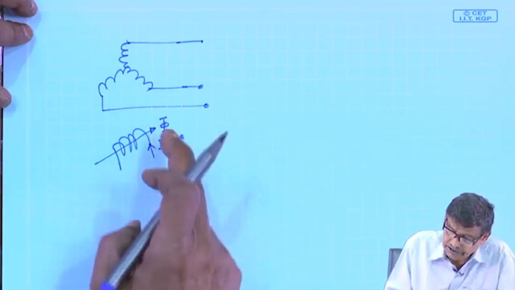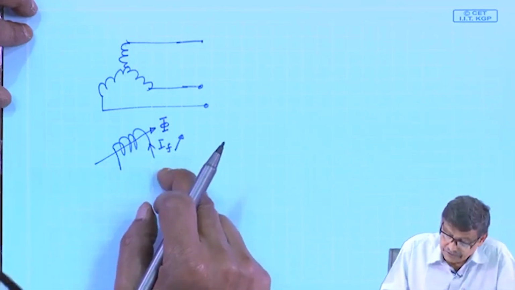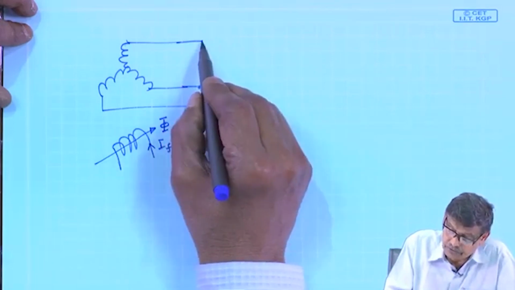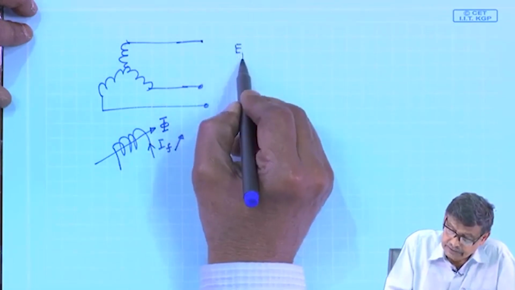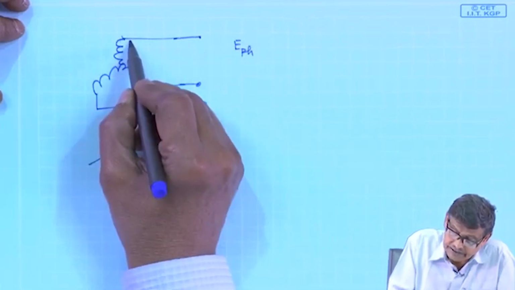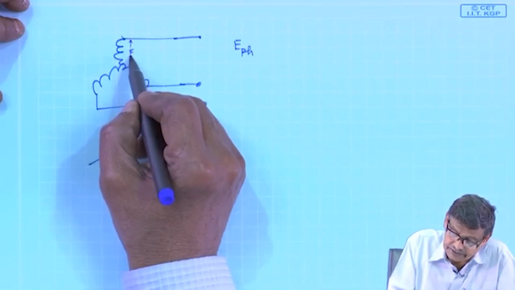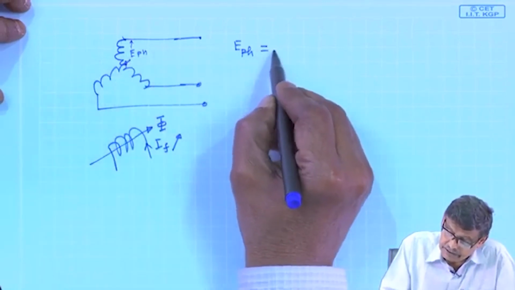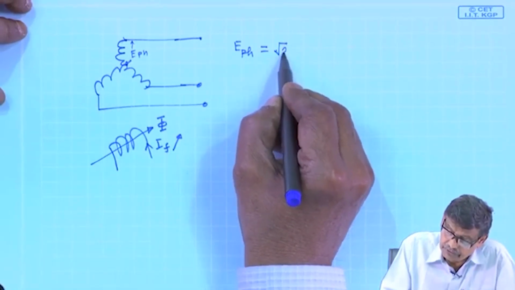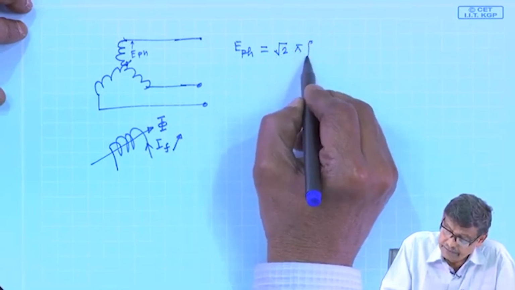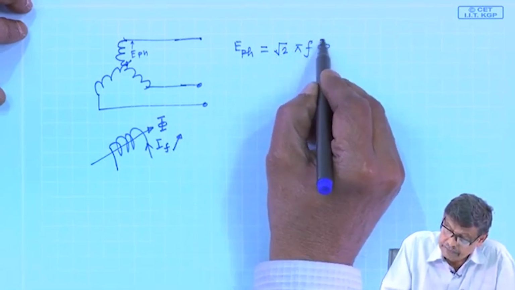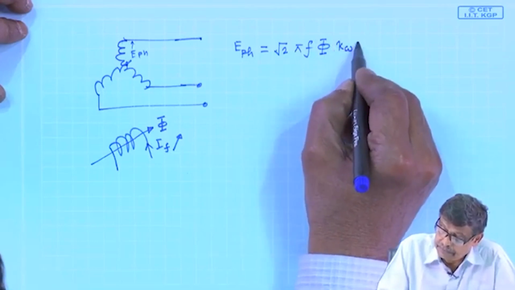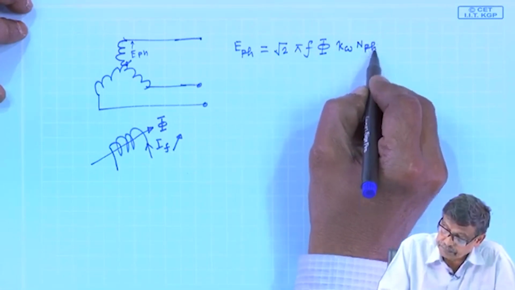which is directly proportional to IF, and then the per phase induced voltage E phase will be shown to be equal to root 2 pi f phi kW into n phase.